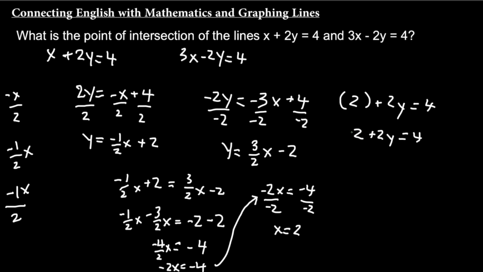Positive 2, bring it across the equal sign. So now it turns into 4 minus 2. 4 minus 2 gives us 2. 2y stays the same. Divide by 2, divide by 2. Y equals 1. Therefore, our point of intersection is 2, 1.